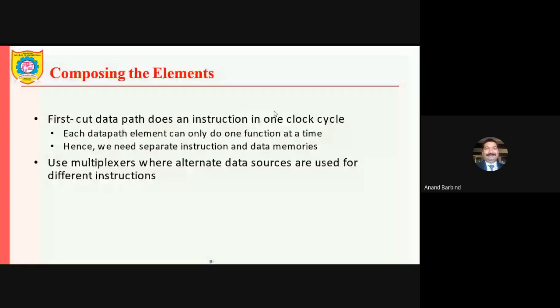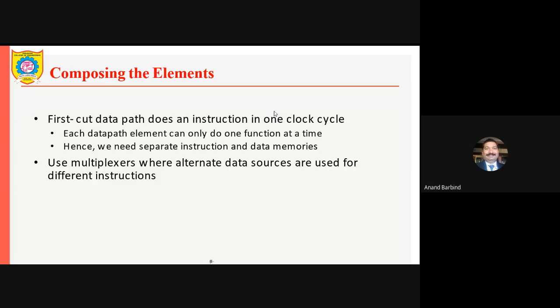So at a time, either the instruction can be fetched, or data can be read from the registers, or an operation can be performed in the ALU, or data can be written into the data memory, or data can be read from the data memory, or the results can be stored back into the registers. For each of these operations, you need one cycle.